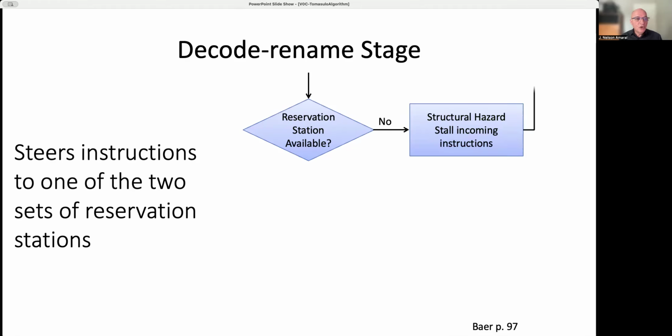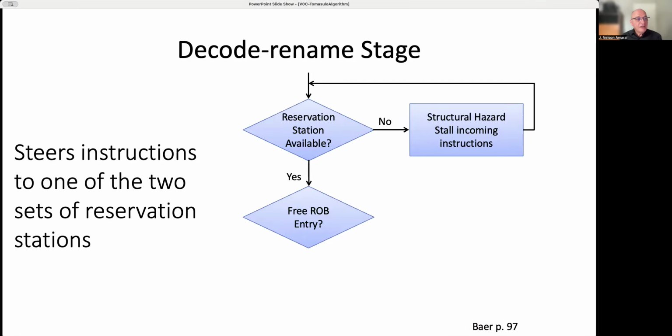If the answer is no, what we have here is a structural hazard, which means that we need a resource, an entry in a reservation station, that's currently not available. In this case, we're just going to stall, which means that we go back and we keep testing until an entry becomes available.